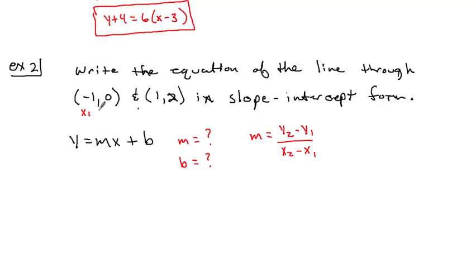So we have 2 points, so we have an x1 and a y1, an x2 and a y2, and we just use the formula. So we do 2 minus 0 over 1 minus -1. So that gives us 2 over 1 minus -1 is 1 plus 1, so 2 over 2. Well, 2 divided by 2 is 1. So 1 is our slope, so m equals 1.